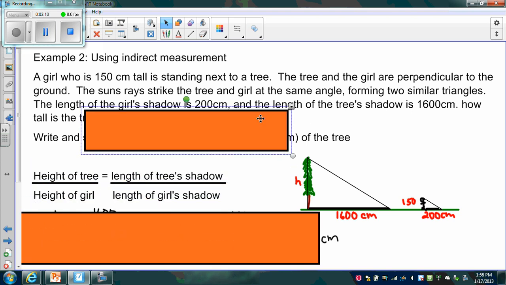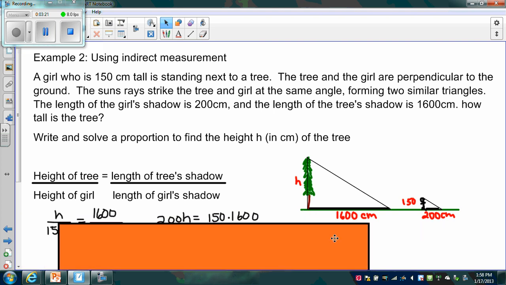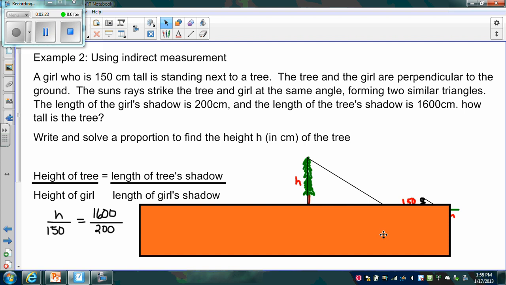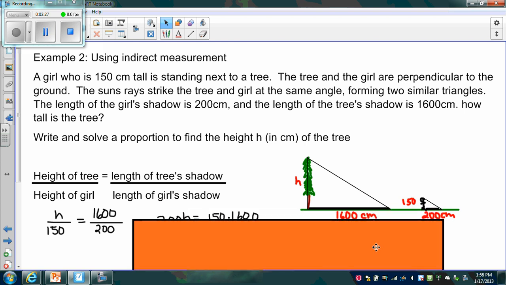So we know that the height of the tree divided by the height of the girl is equal to the shadows, the length of the tree shadow divided by the length of the girl's shadow. So we can go ahead and plug the numbers in. We get h over 150 equals 1600 over 200.